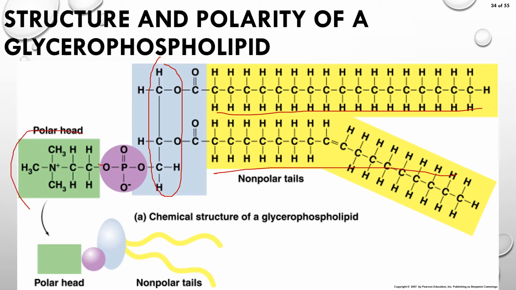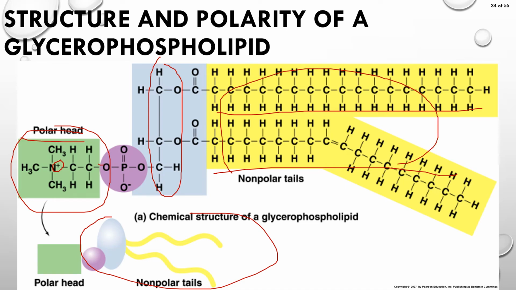Since the amino group is positive, this part is polar, and this can interact with the water. This one, of course, since this is non-polar, a long chain, will not dissolve in water.